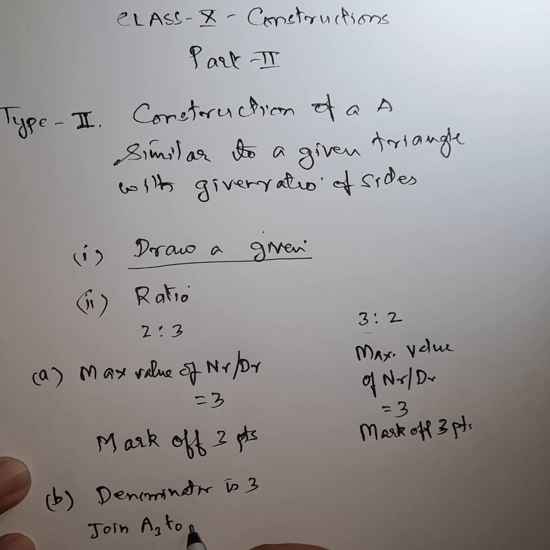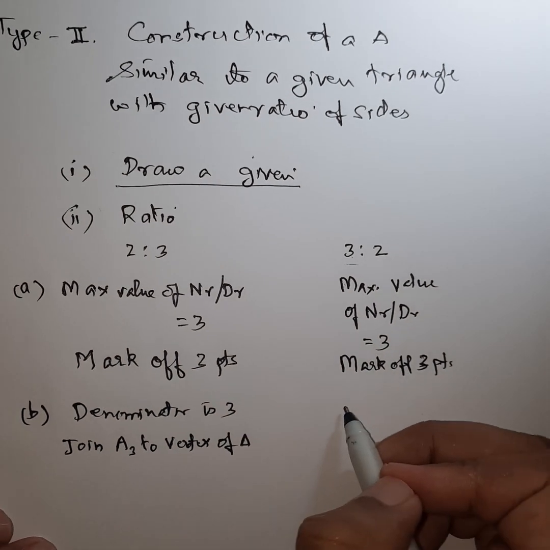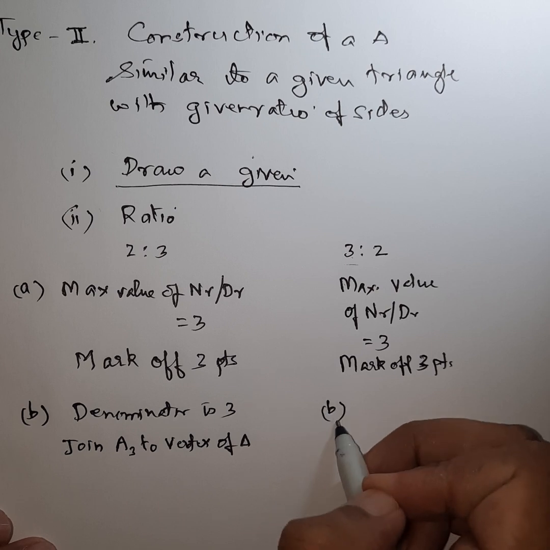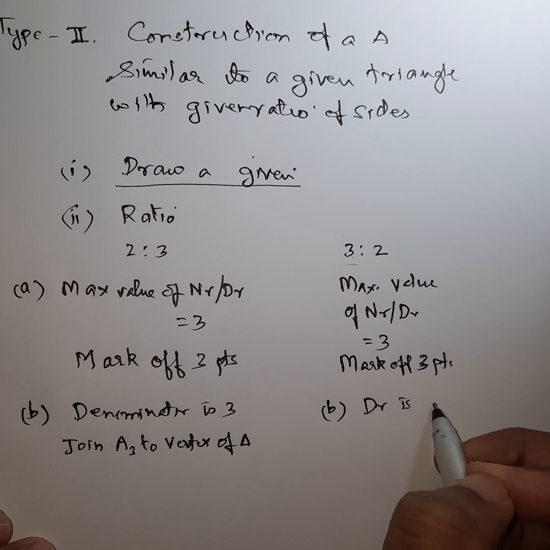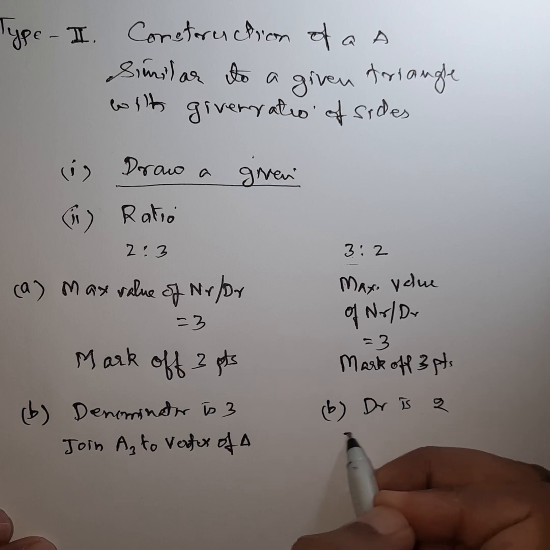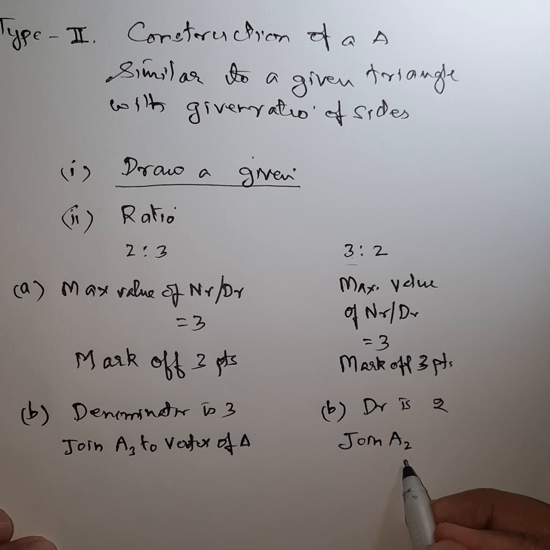Suppose A, B, C, B is given here, or it can be C, a vertex of the triangle. Similarly here the denominator is 2. So as the denominator is 2, you will join A2, because denominator is 2.